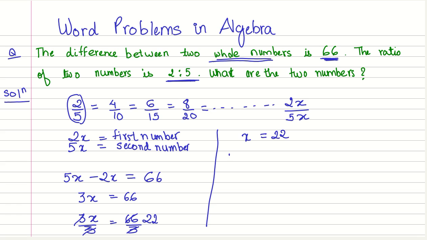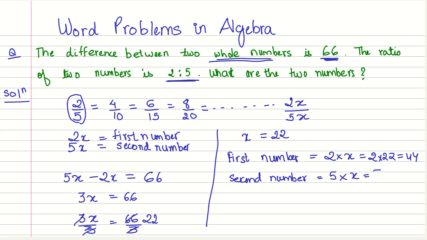So the first number, as we wrote here, is 2 times x, or 2 times 22, which is 44, and the second number is 5 times x, 5 times 22, which equals 110.